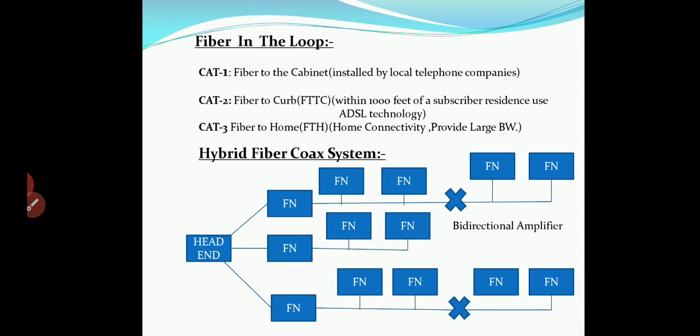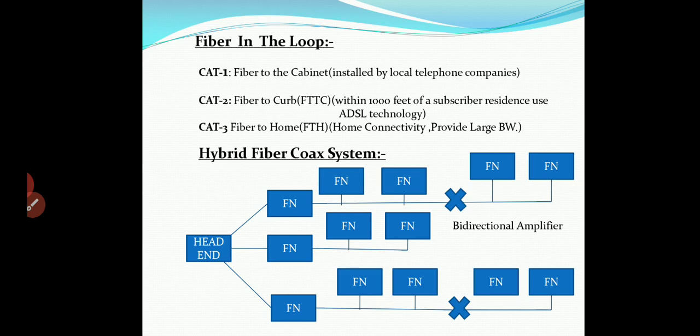And category 3, that is fiber to the home, FTTH, where home connectivity provides large bandwidth. So in this topic we are concluding the advancement in transmission media with optical connectivity.